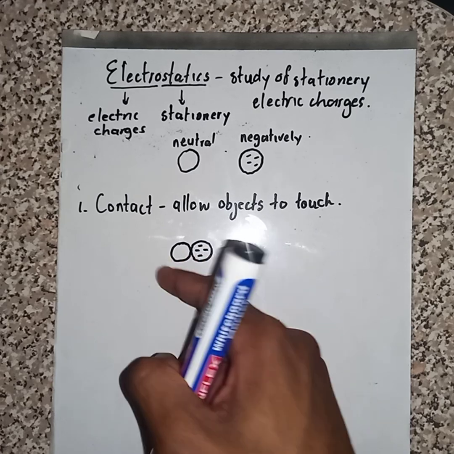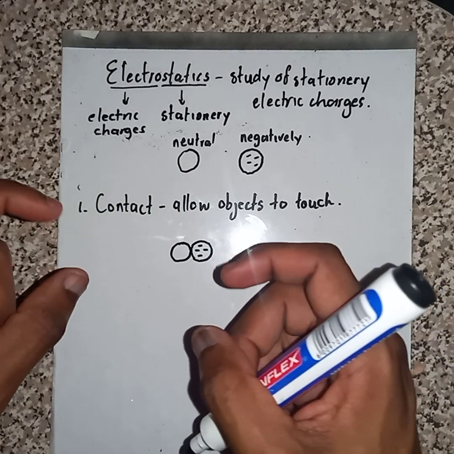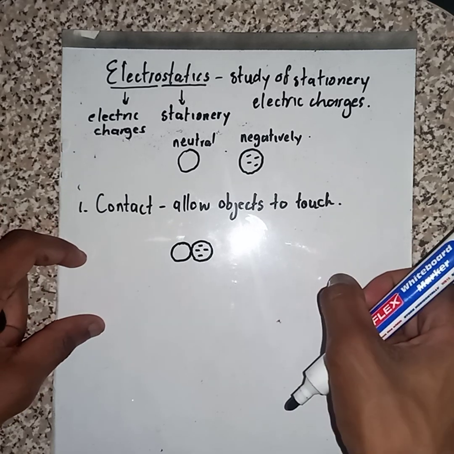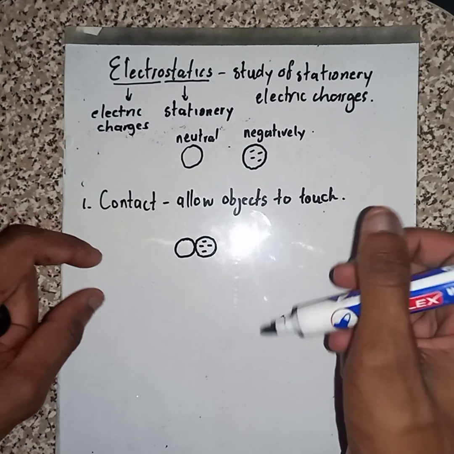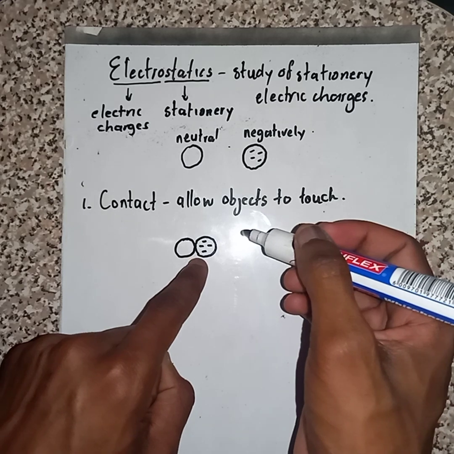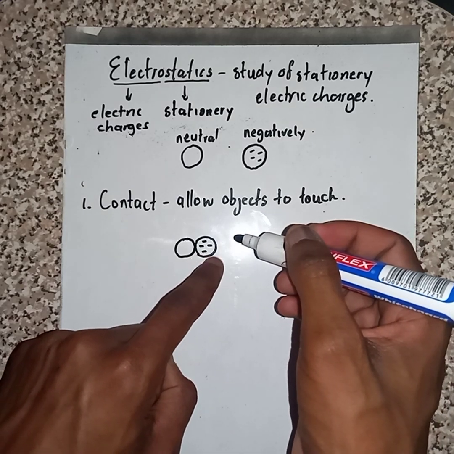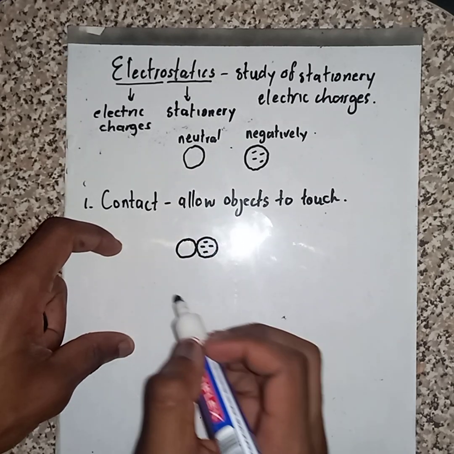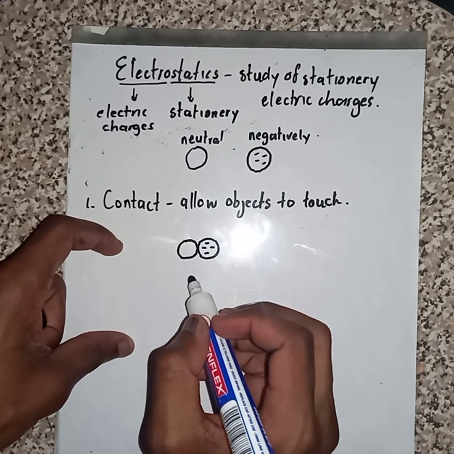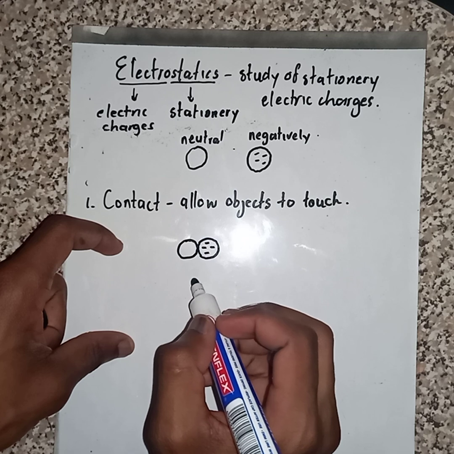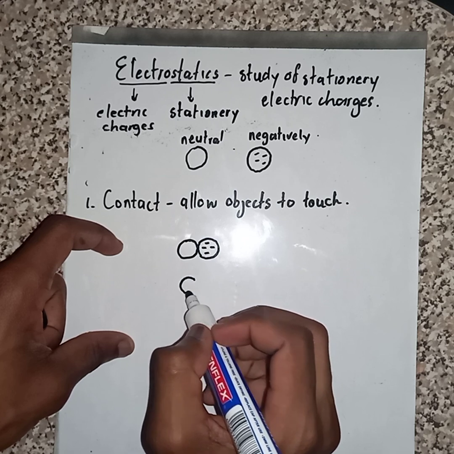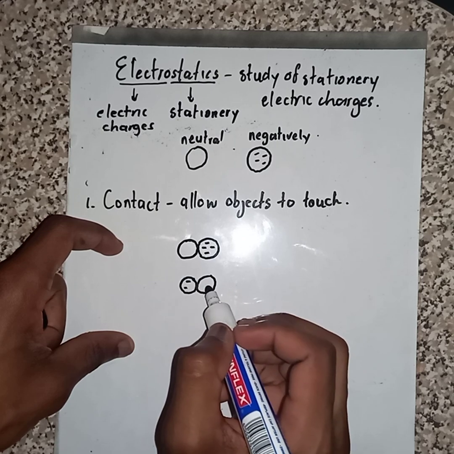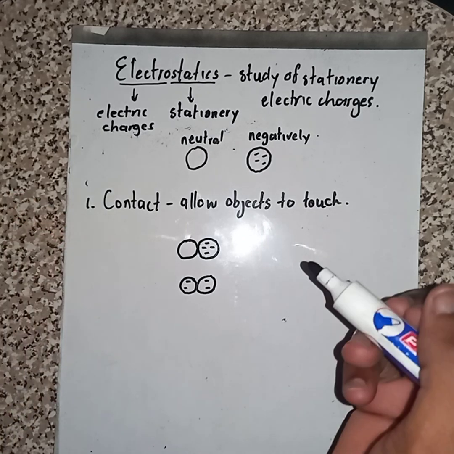Let's say if these two spheres were exactly the same, then what is going to happen is these electrons will spread around these two evenly, like this.